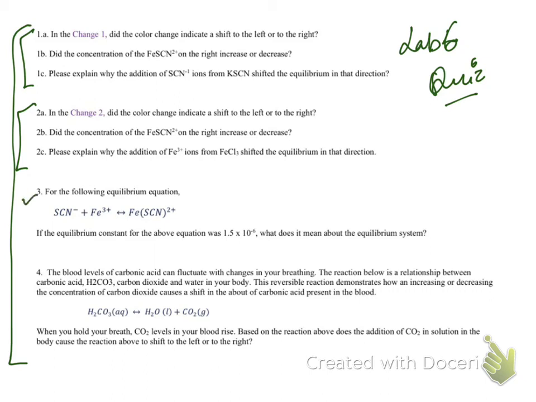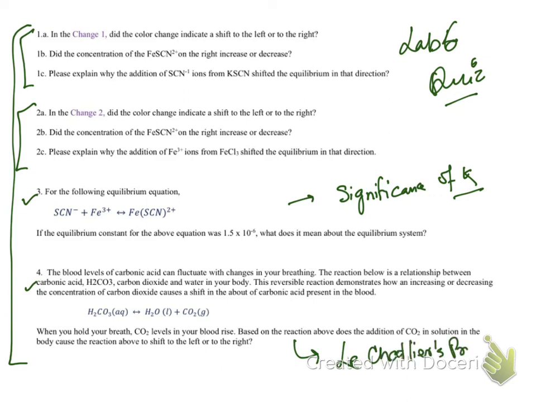And questions 3 and 4 are based on the lecture topic. For example, here you're applying the significance of the K value, the equilibrium constant. And here you are applying Le Chatelier's principle.